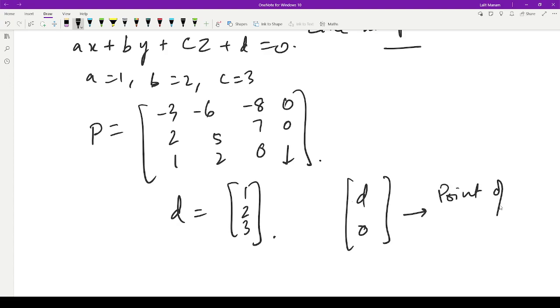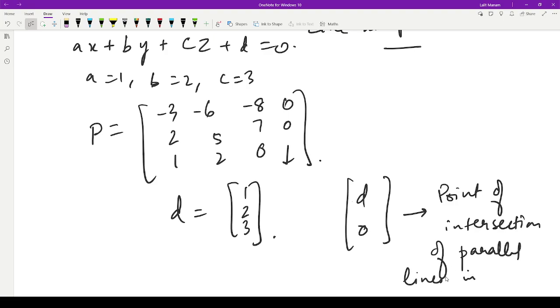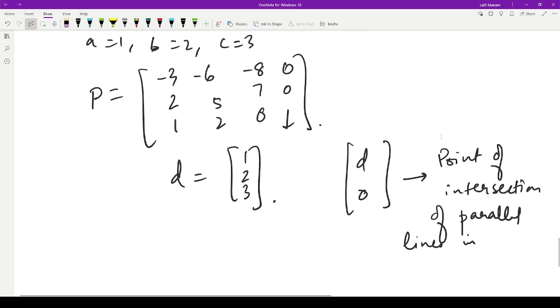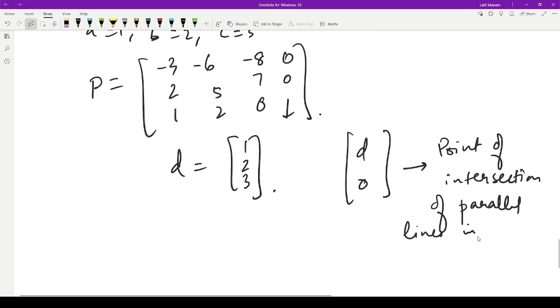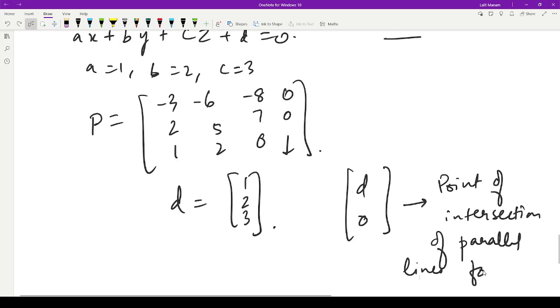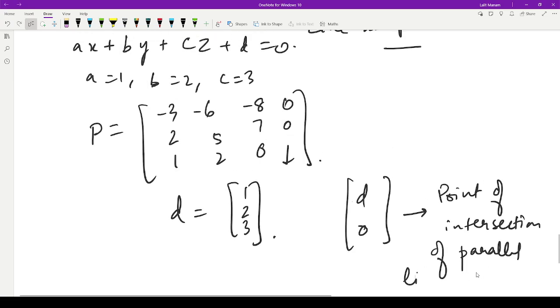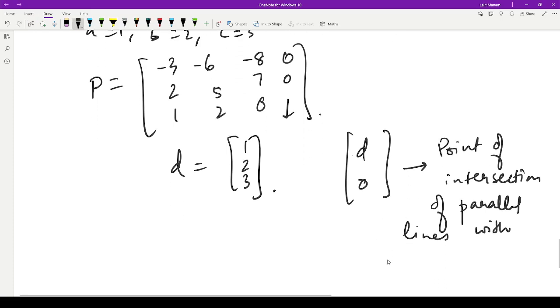This is the point of intersection of parallel lines with D as the direction vector.